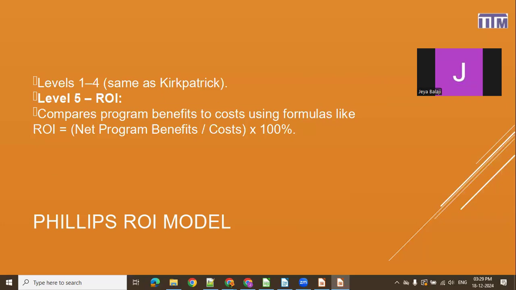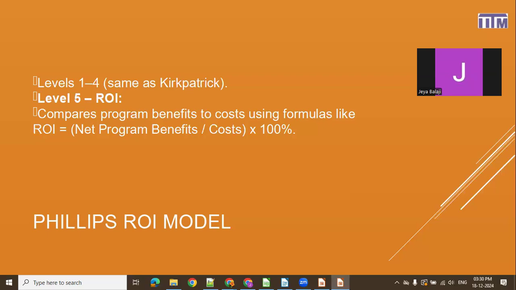It compares the program benefits to the cost using formulas like ROI equals net program benefits divided by cost, times 100%. So you use formulas like this to find out the cost of this training and the benefit out of the training.